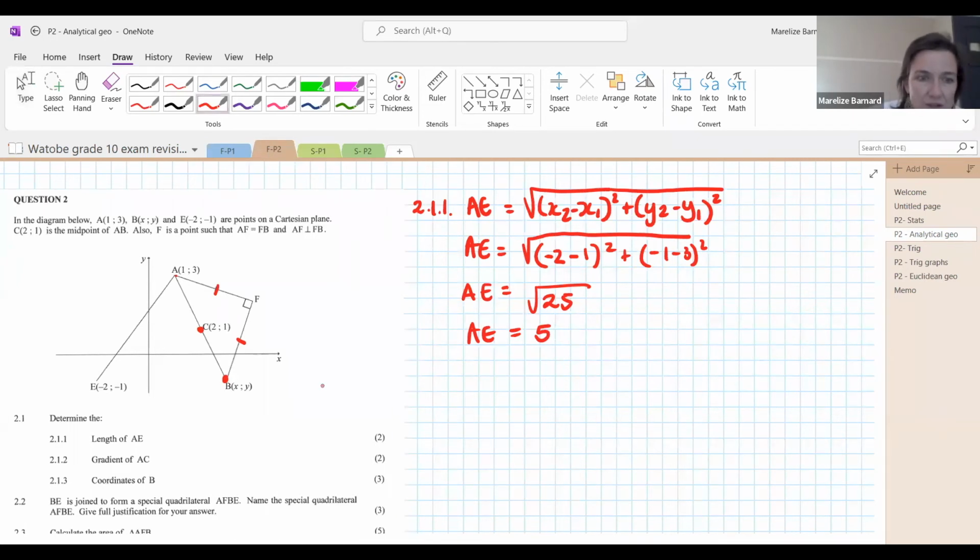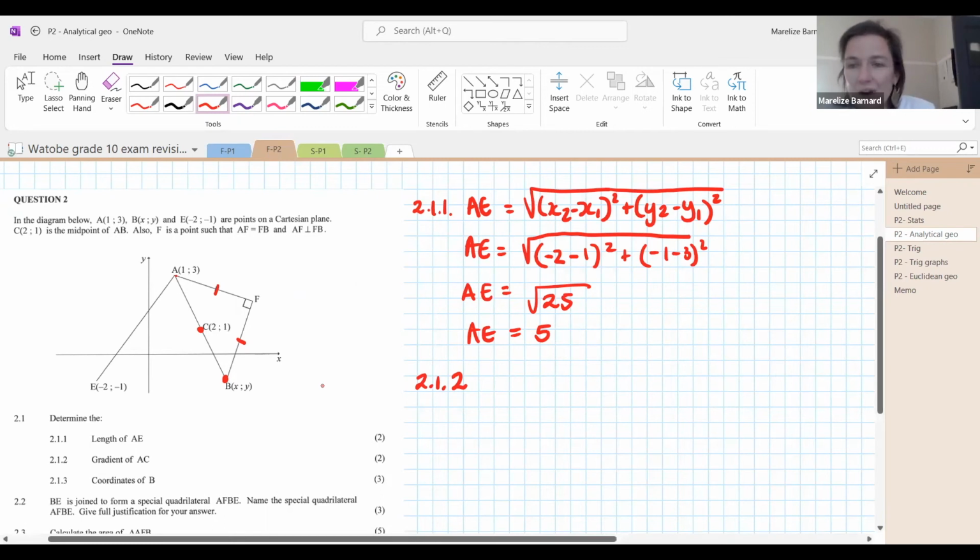Let's see if we can do gradients. Okay, maybe I can be quiet for this one and not give you the formula because you've been using this gradient formula since grade 9. So let's see who can work out the gradient of AC. Change in y over change in x. That's all I'm saying.